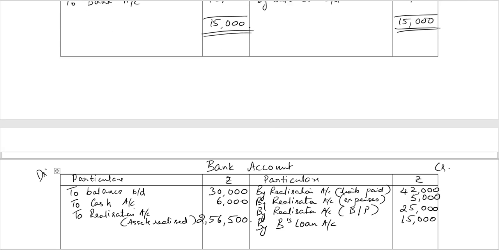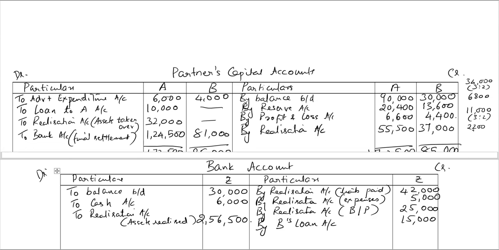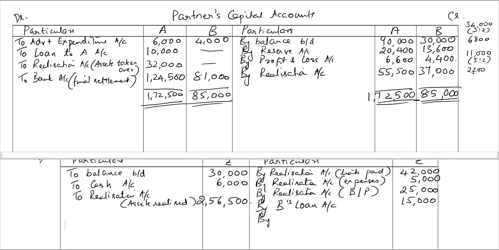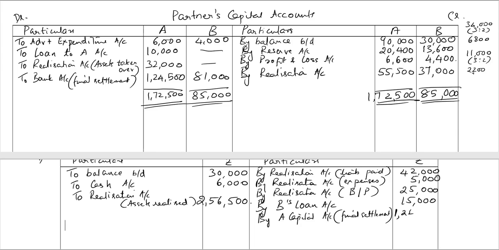We'll go on to the partner's capital account to get the amount of the final settlement by A capital account for the final settlement, ₹1,24,500. And by B's capital account for the final settlement, 81,000 rupees.